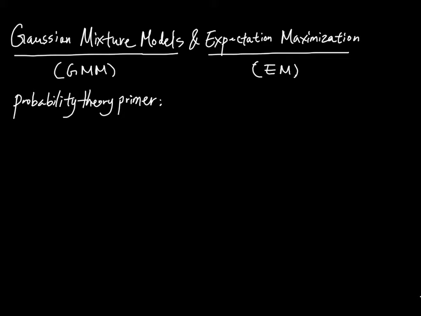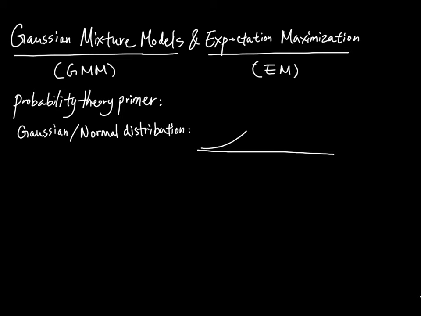A Gaussian or a normal distribution is a continuous distribution, and it looks like this. I'm sure a lot of you guys have seen this. It's also known as the bell curve, right? And here is its center of mass, which is also called the mean.